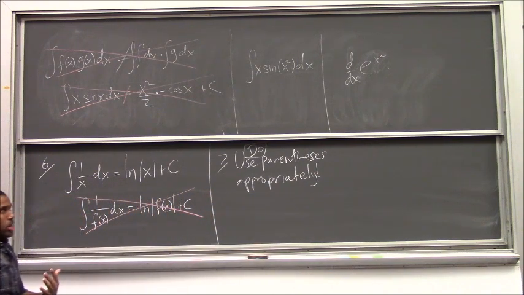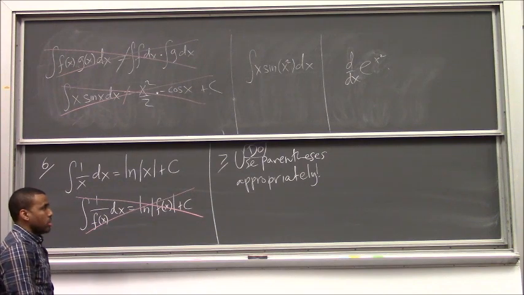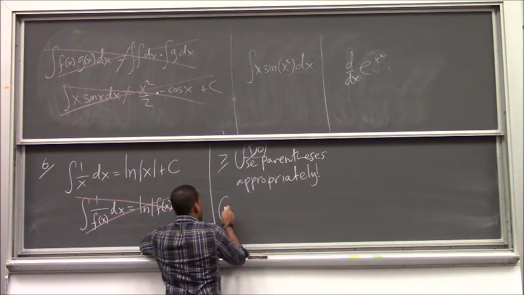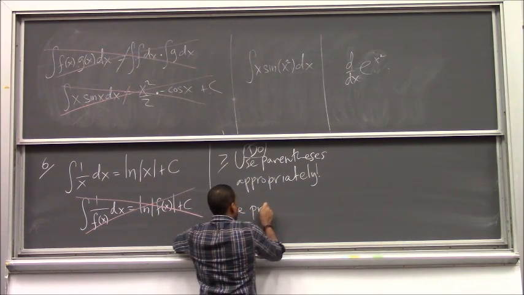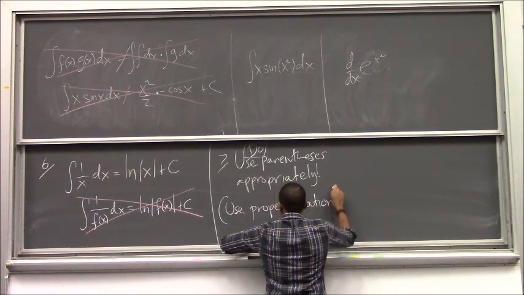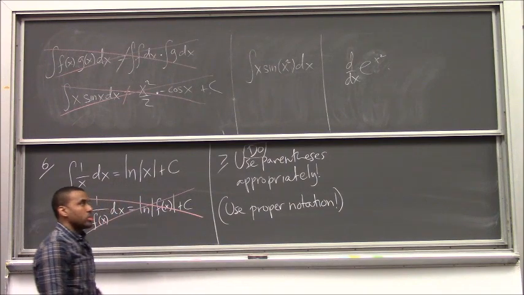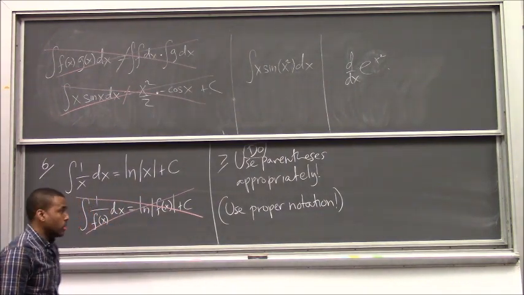So usually if you're subtracting something, you open parentheses after the minus sign, things of that sort. Or in general, this is just a smaller version of: use proper notation. If there should be parentheses, use them. Don't just say, in my head, I know there should be parentheses. No, actually write it down.